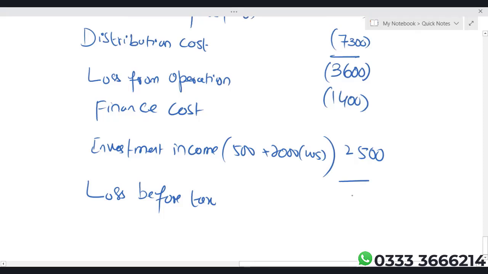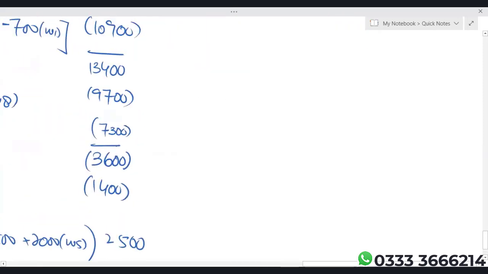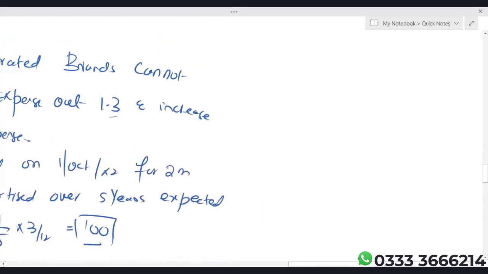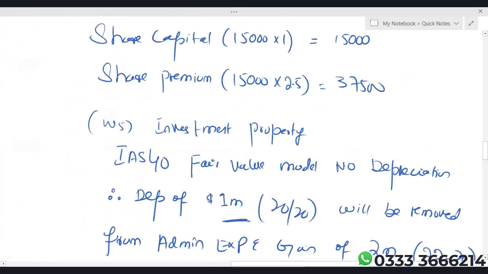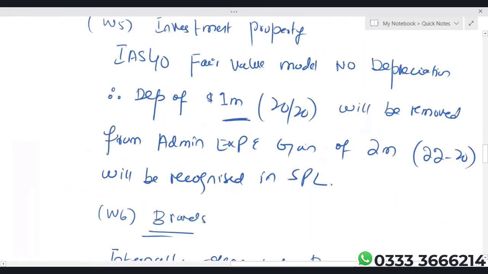Loss before tax is 2,500, because 3,600 plus 14 will become 5,000 negative, and there's a positive 2,500. So loss before tax is 2,500, and we have taxation, which we have calculated already. What was the working number? Taxation, working 3, is 560.